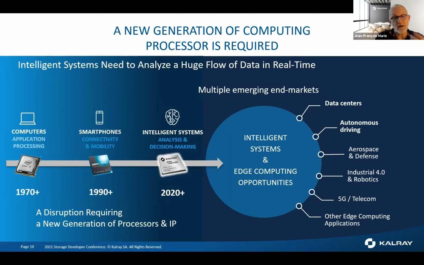And we have seen, and I will go into the details, that traditional CPUs are not suited, have not been designed for that. So the industry needs data-centric units built from the ground up to treat that from the edge to the data centers, in order to be very efficient and to treat data inline.